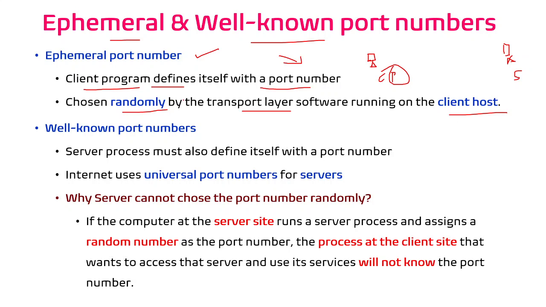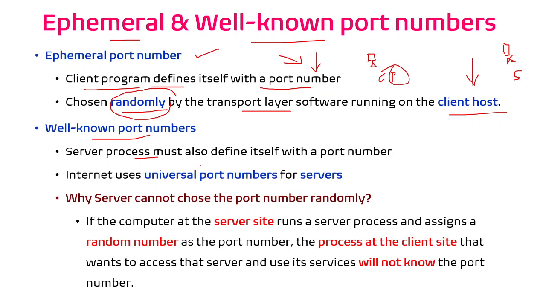Please make a note, randomly. So at a client side, if I am opening a port number, then that port number is chosen as a random port number, right? So at the client host, any port number being opened is actually a random port number.